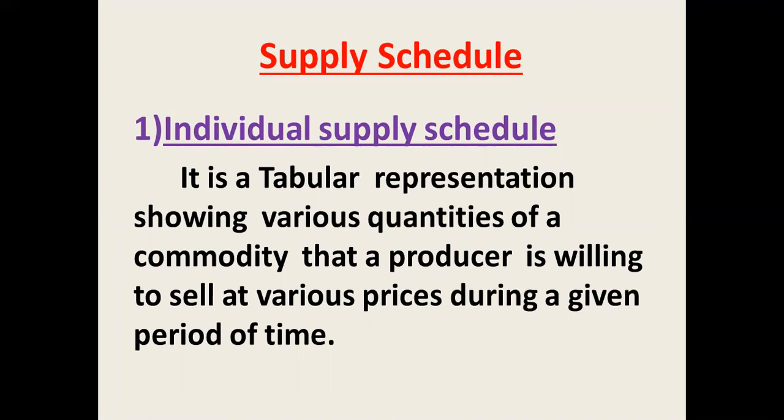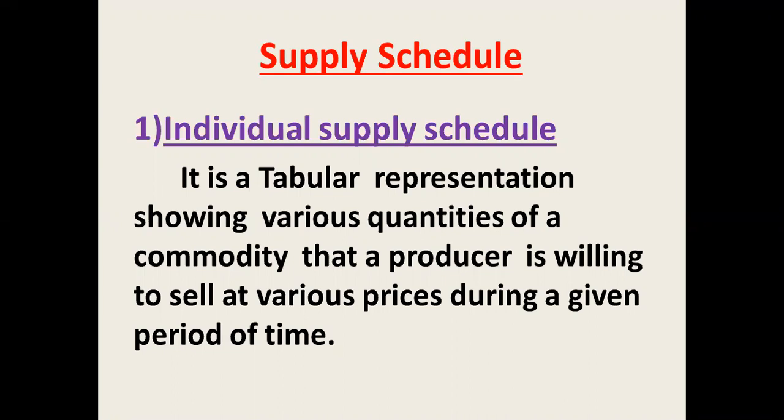The first and most important is the commodity's price, and the second is a particular period of time. These two things explain the relationship between the price and the supply of that commodity. Basically, an individual supply schedule means a single seller's supply.